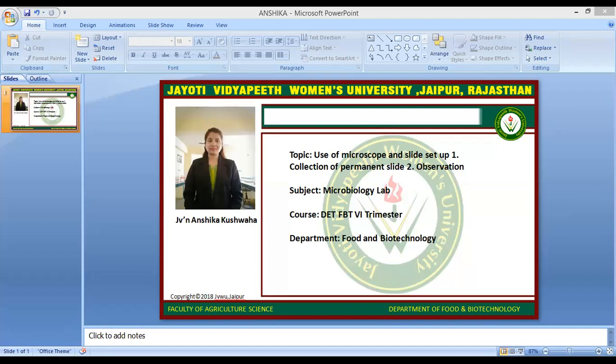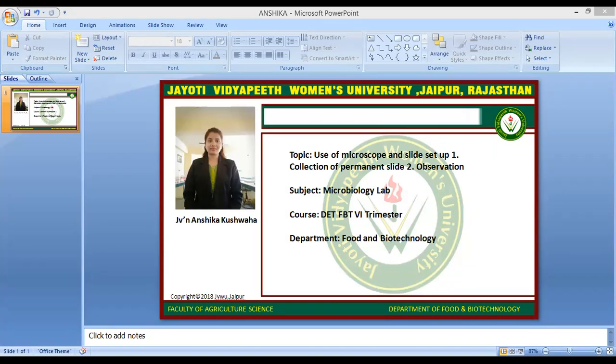What are the properties of microscope? A good microscope should have at least three properties. It should have good resolution, good contrast, and good magnification. What is good resolution? Resolution power refers to the ability to produce separate images of closely placed objects so that they can be distinguished as two separate entities.